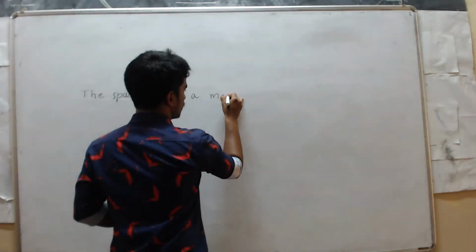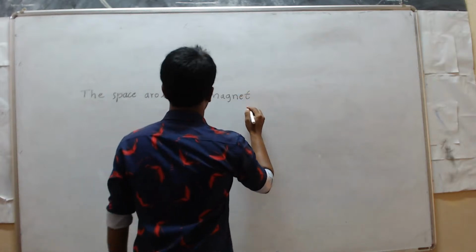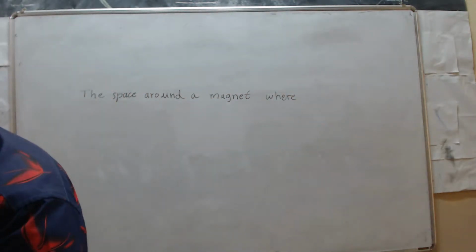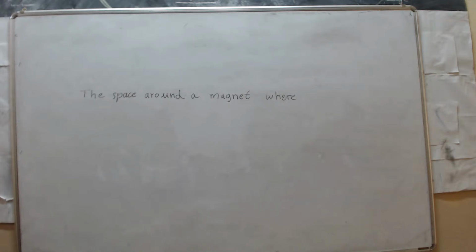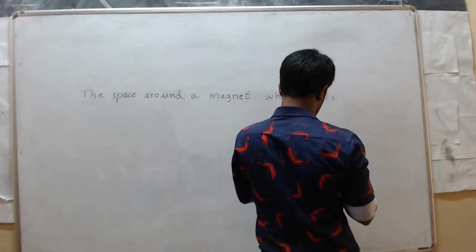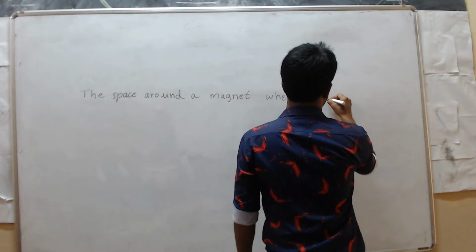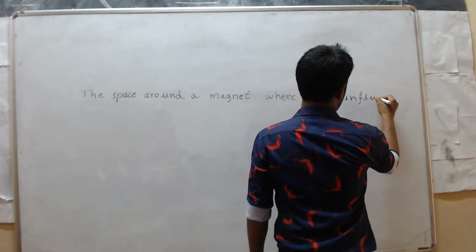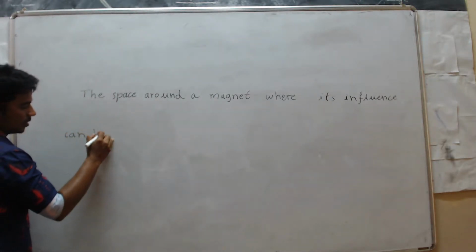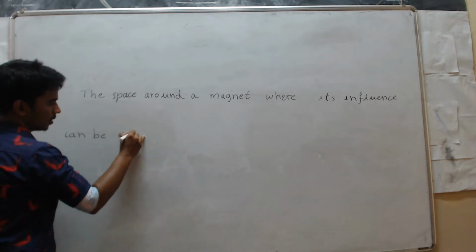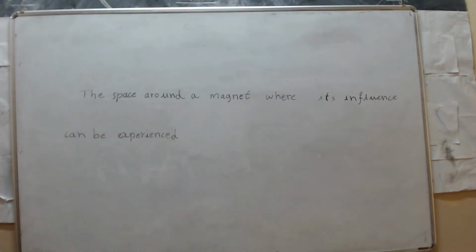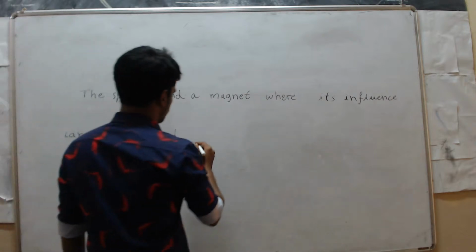The space around a magnet where its influence can be experienced is called magnetic field of that magnet.